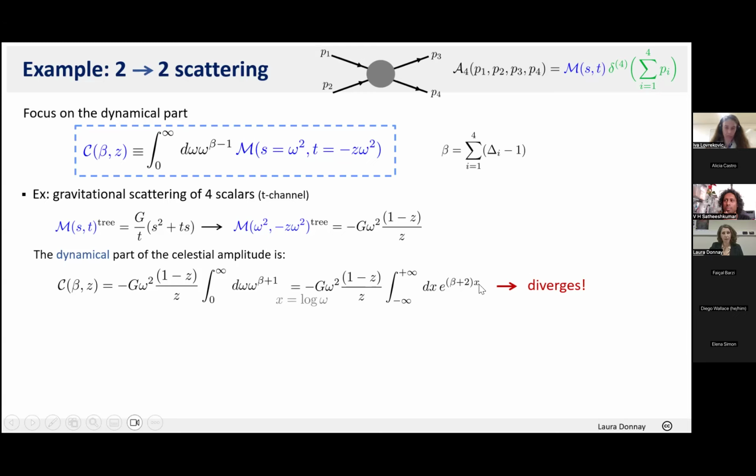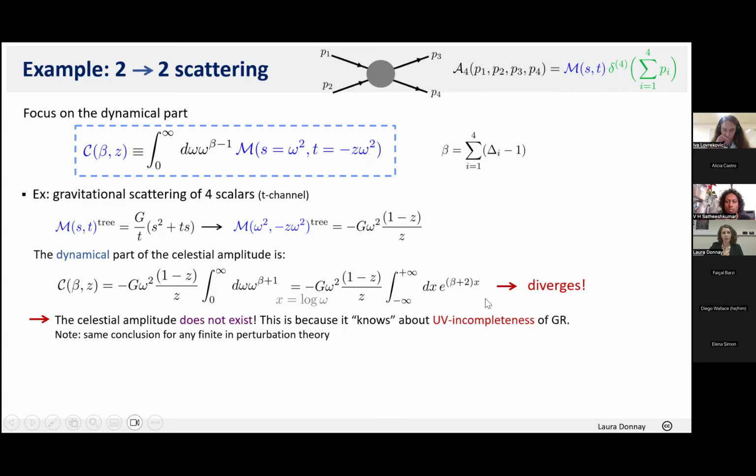Well, look, I cannot do it. It's just not well defined. It blows up. So the celestial amplitude does not exist. Why is that so? Well, it is so because, you see, in celestial holography we are doing this integral over all energy scales.